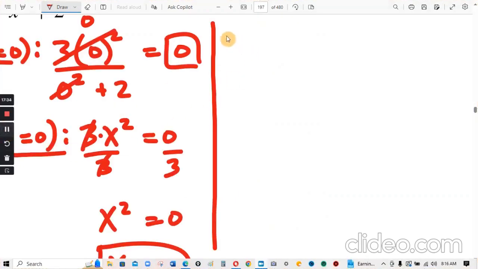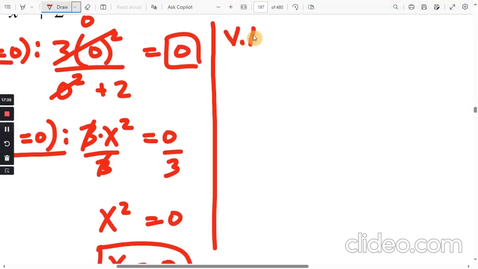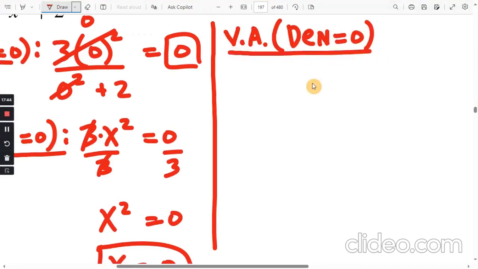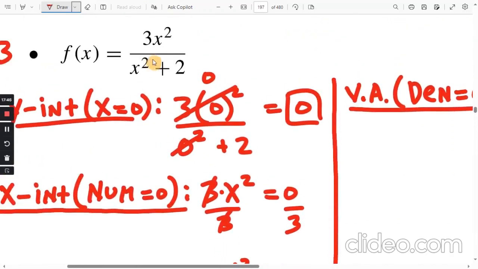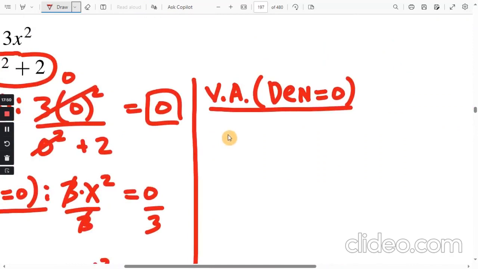All right, vertical asymptote. We set the denominator equal to 0. So how do we do that here? We have x squared plus 2 as a denominator. x squared plus 2 equals 0.